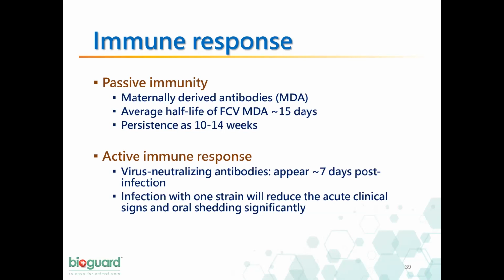As I mentioned, there are many strains which can cause infection, and that's why the clinical signs will also be different. However, when there is infection with one strain, the acute clinical signs will be much milder, and the shedding will be controlled and over soon.